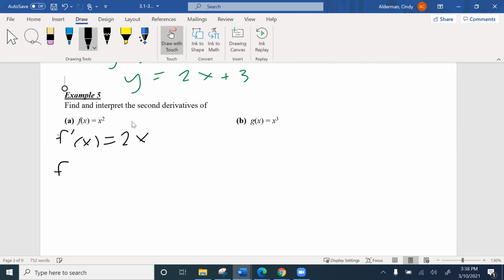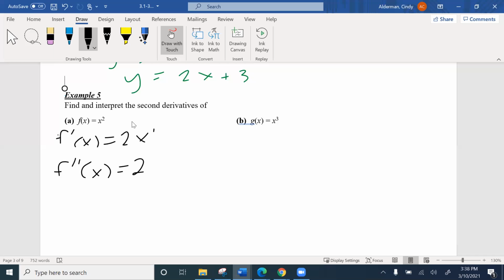And then the second derivative means that you're taking the derivative of 2x. What's the derivative of 2x? Remember, any term that has a power of 1, if you're taking the derivative of that, it's just equal to what? 2. Yeah, thank you, 2. All right, so what does that mean?